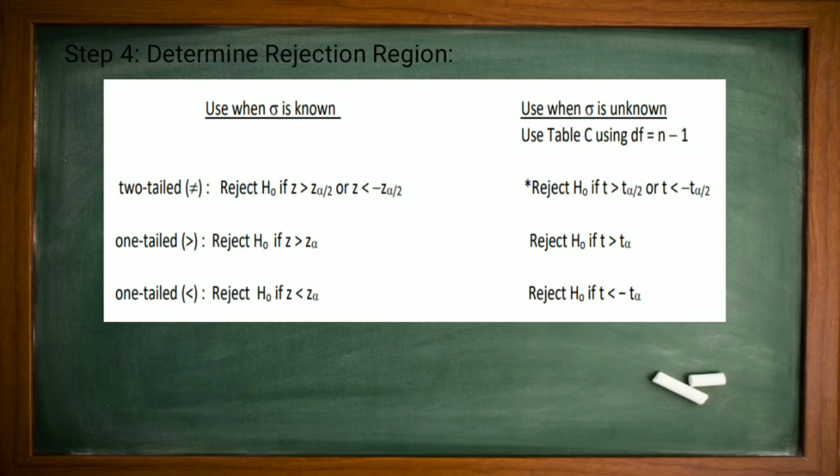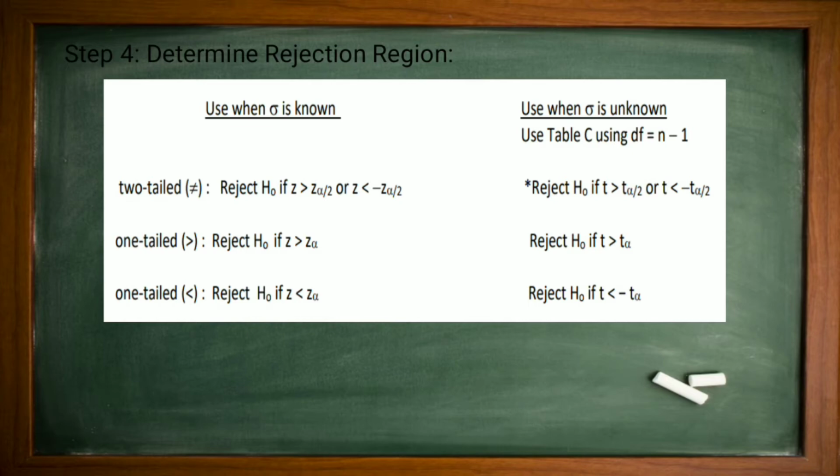Reject the null hypothesis if the z value is greater than z alpha over 2 or z is less than negative z alpha over 2. So, yan po yung ating two-tailed.